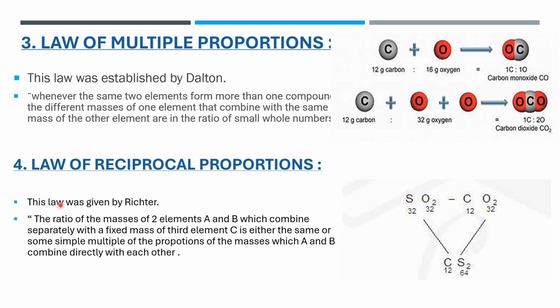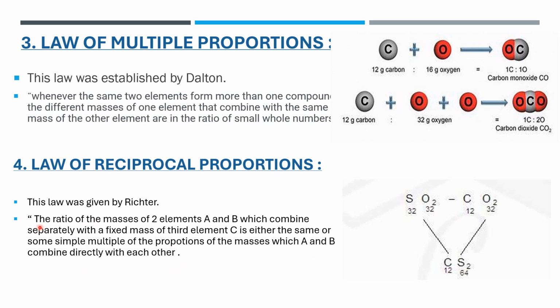This law was given by Richter. The law states that the ratio of the masses of two elements A and B, which combine separately with a fixed mass of a third element C, is either the same or some simple multiple of the proportions of the masses in which A and B combine directly with each other.